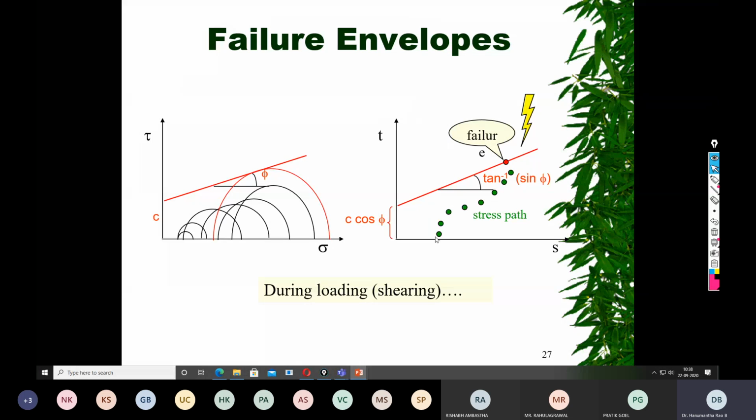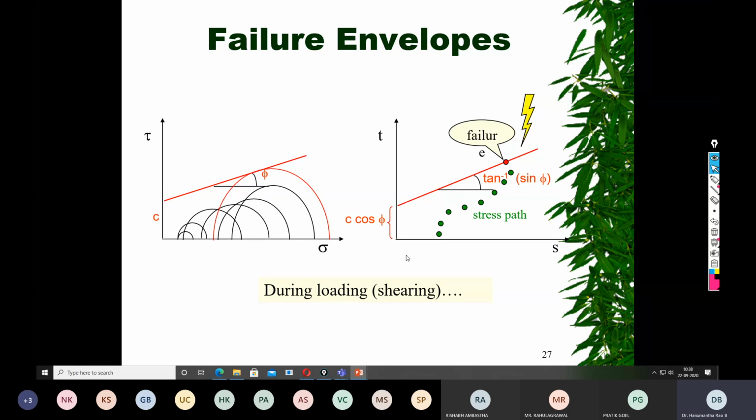So this is further understanding. This is what we have done exactly. Initially you conducted many triaxial tests, and ultimately you achieved failure. But what kind of path did it follow?